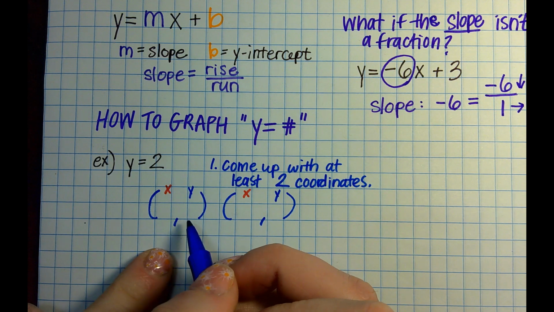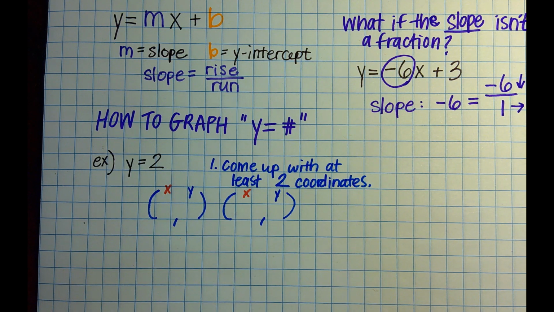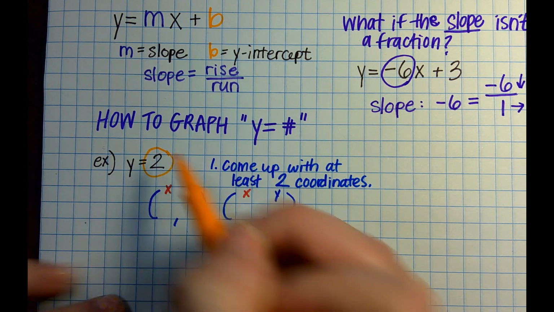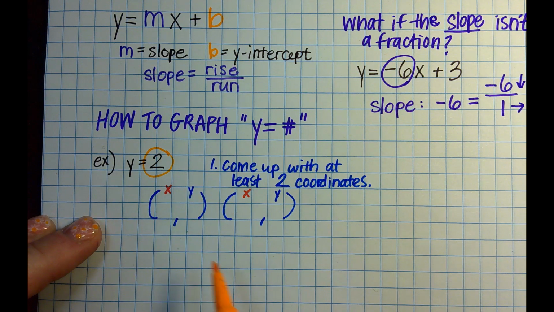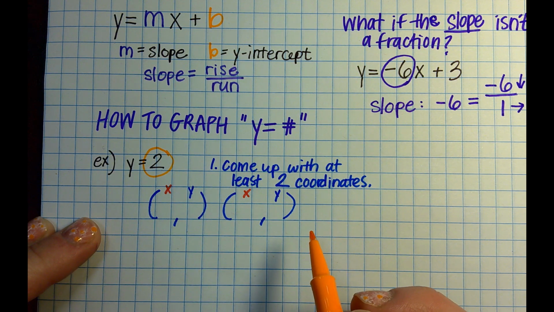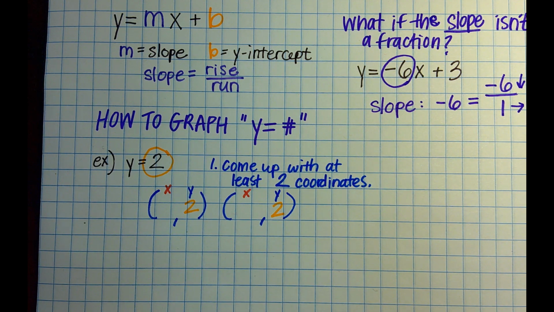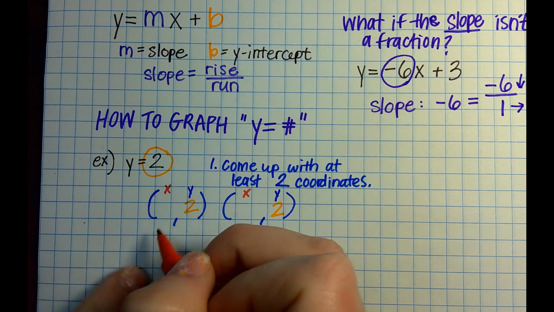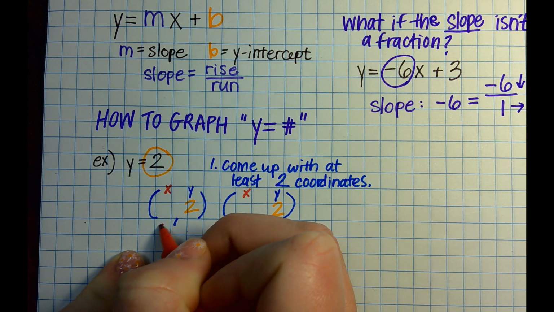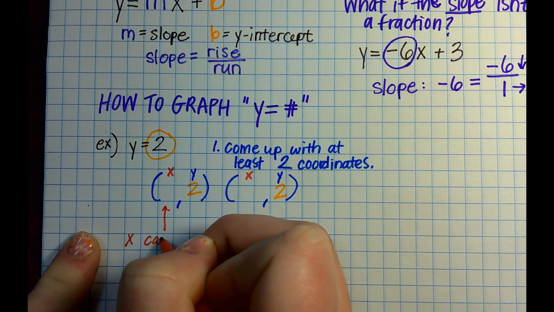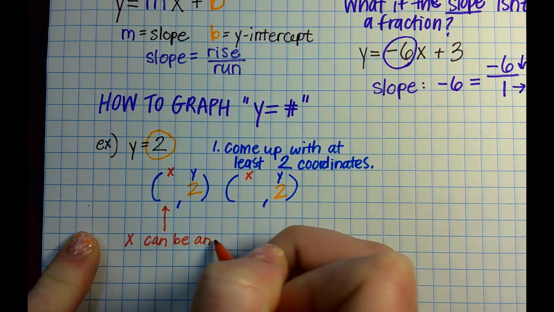So your y value is going to be whatever number they tell you. So in this case, it says y equals 2. So in your coordinates, y should always be 2. Always. And then your x can be any number you pick on the graph, any number. So I'm going to label this: x can be any number.